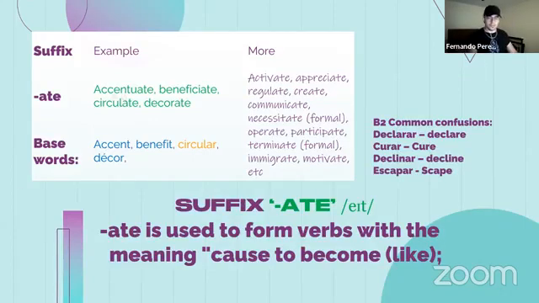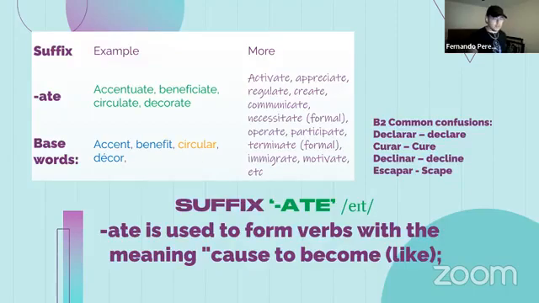The origin word for accentuate is the noun accent. Exactly. Accent. Where does beneficiate come from? Benefit. Where does circulate come from? Circular. That's right. Circular.